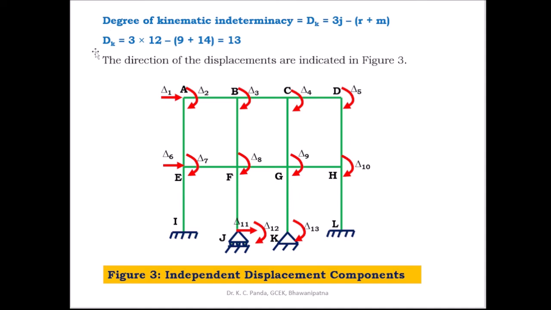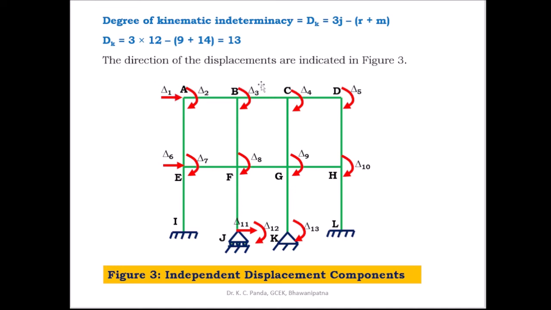So here dk is equal to 3 into 12 minus 9 plus 14, that is equal to 13. So the degree of kinematic indeterminacy of rigid jointed plane frame, that is equal to 13 due to the inextensibility of the members.